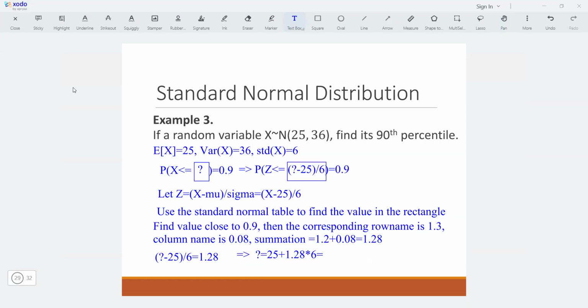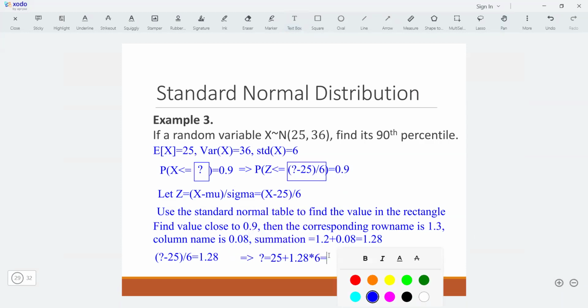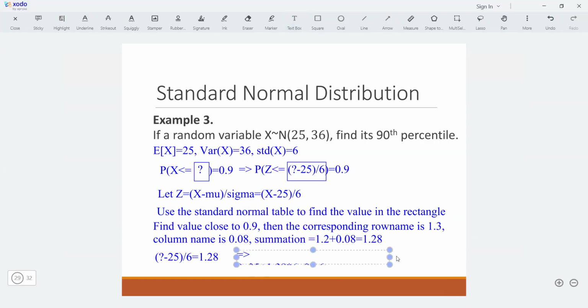Do you find the answer? The answer should be 32.68, if my calculation is correct. Yes, this is our answer.